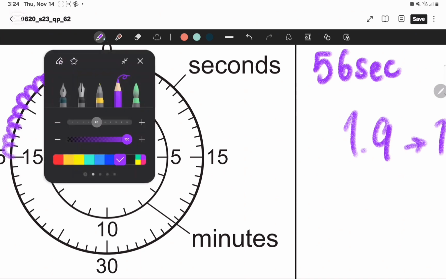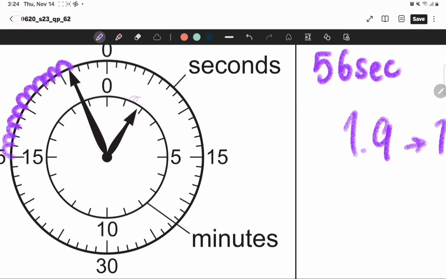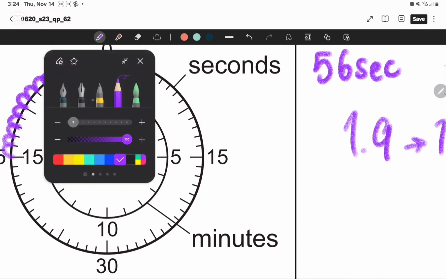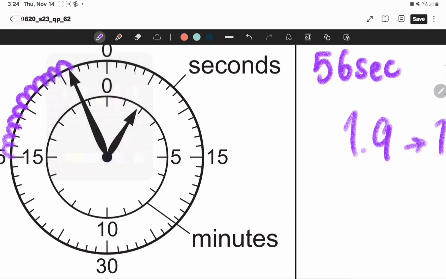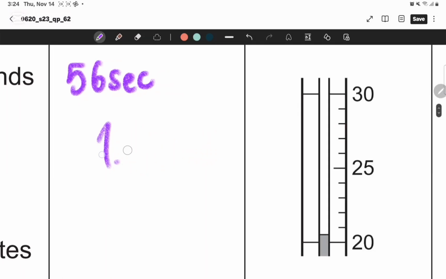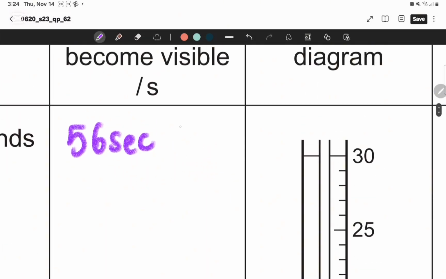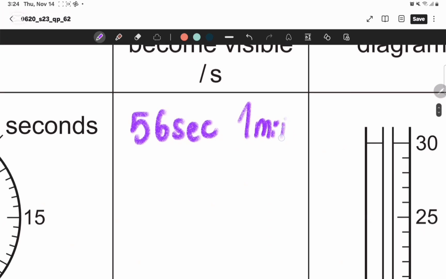If it was more specific and there were smaller lines, let's say till here, then yes, we count. But if there are no small lines, only a wide gap, then you just take the smaller one. So let's make it bigger again. Here it's only 1. So 56 seconds and 1 minute.